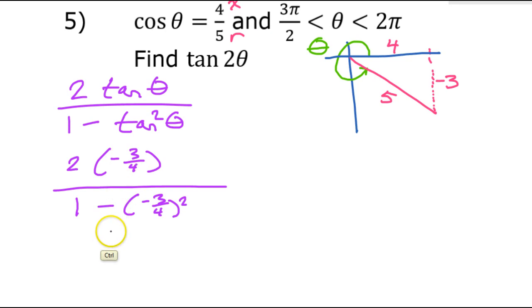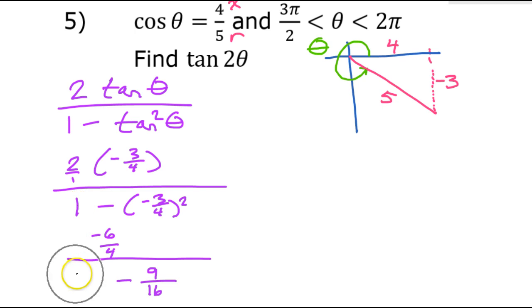Okay, so in the numerator here, remembering this is 2 over 1, I'm going to have -6 over 4. Now in the denominator, when I square this, I'm going to get 9 over 16. Alright, so that's what I'm subtracting.